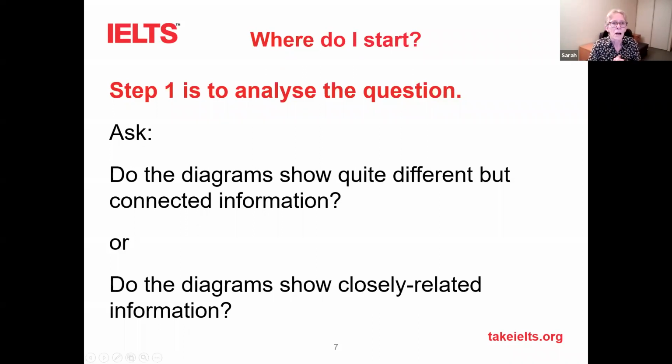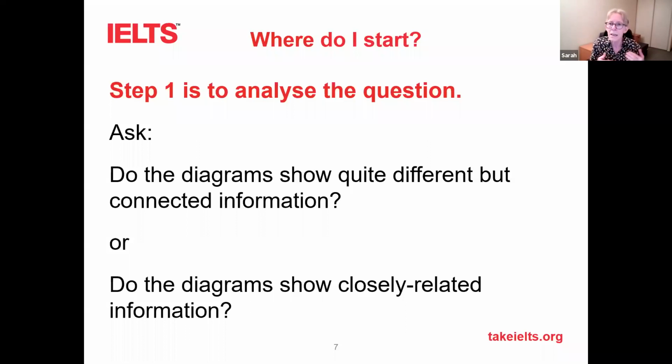Okay, so obviously, as with just one diagram, we have to analyse the question. We have to work out what's there. And I think the first question you have to ask yourself is, do the diagrams show quite different but somehow connected information, or do the diagrams show closely related information?